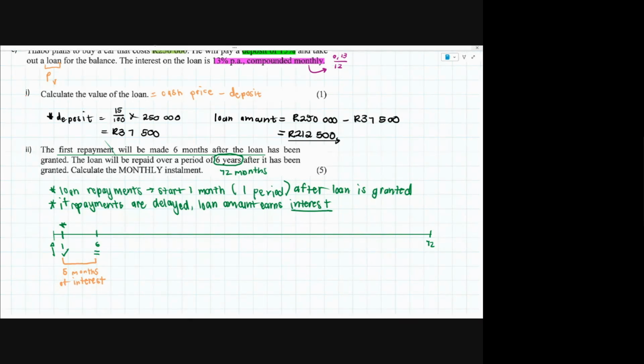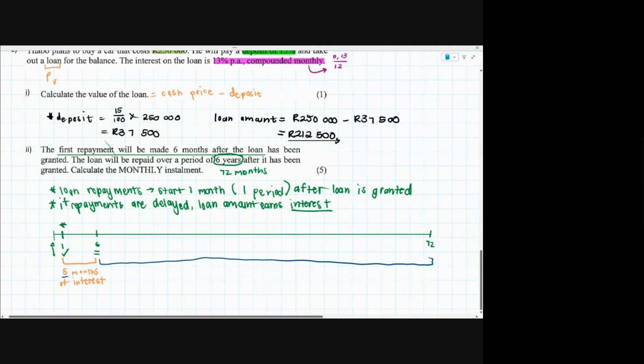The next thing I now need to bear in mind is that, remember, we're making payments monthly. And we start these repayments at this point over here. Okay. Now, we have got 5 months that we did nothing. And so what that means is that I need to catch up all my payments 5 months earlier than the 72.